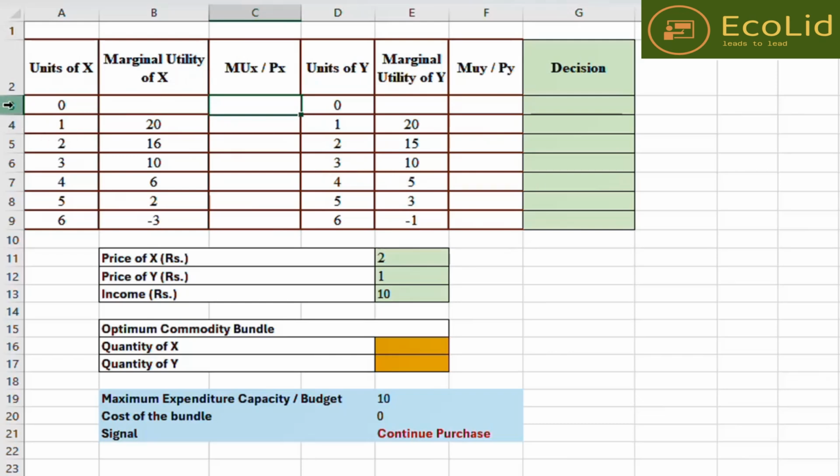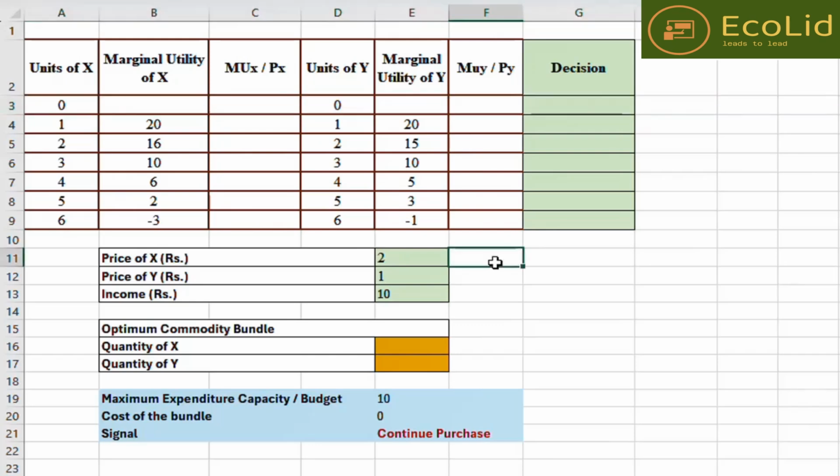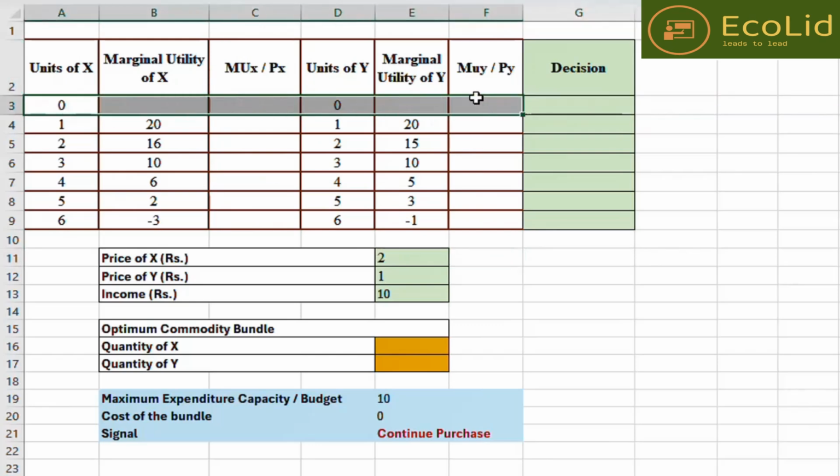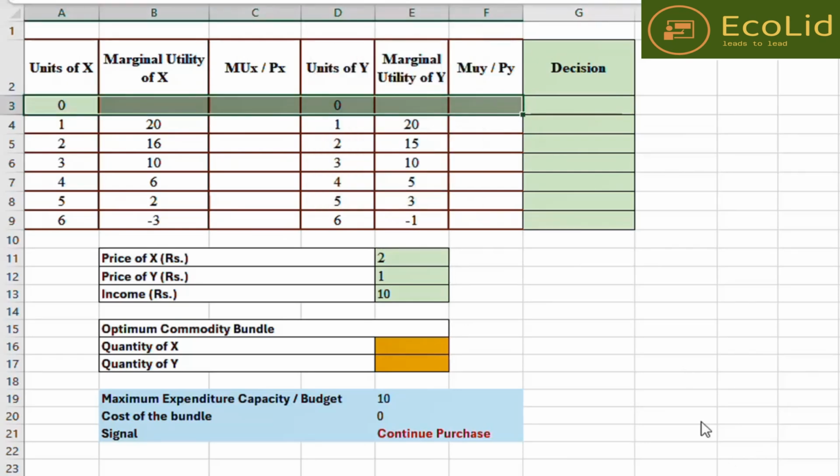Now remember, for this row, the unit of X is 0 and the unit of Y is 0, that means the consumer is not consuming the commodities at all. So definitely in this case there will be no value for the marginal utility. So we can ignore this cell. Since we are ignoring these cells, let me put a shadow.